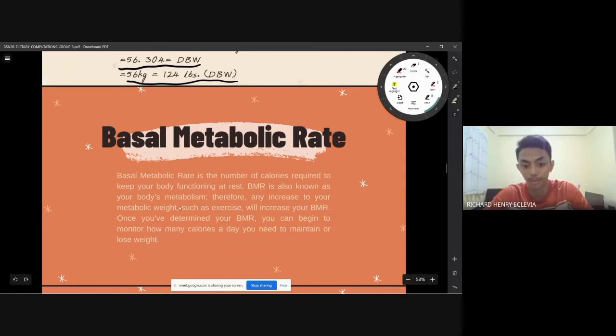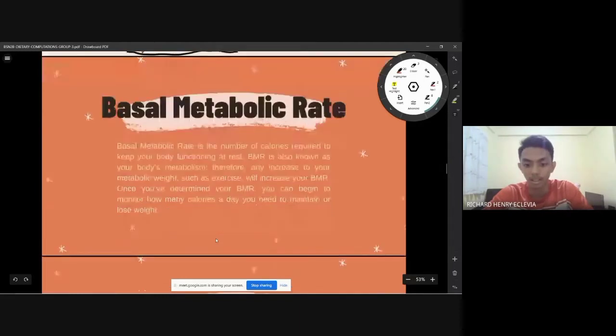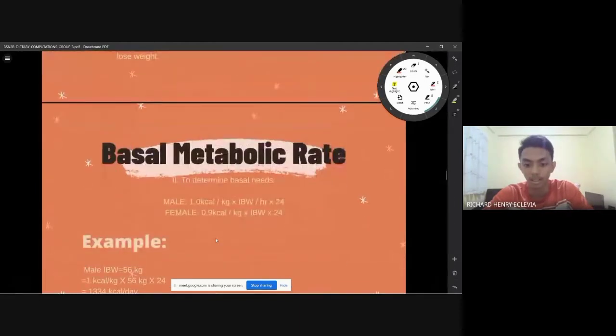Therefore, any increase to your metabolic rate such as exercise will increase your BMR. Once you've determined your BMR, you can now begin to monitor how many calories a day you need to maintain or lose weight.